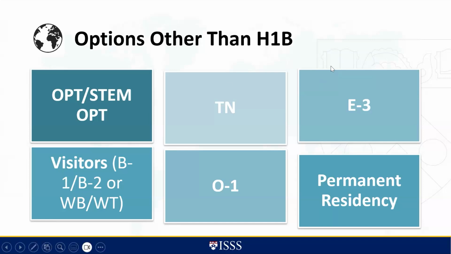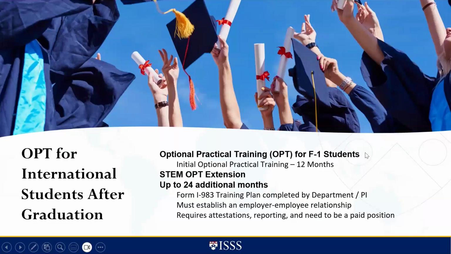Okay, next slide. So for OPT, for an international student after graduation, this is very common. An international student graduated from a U.S. university will most of the time get 12 months of OPT.